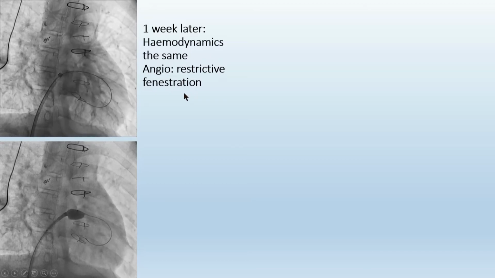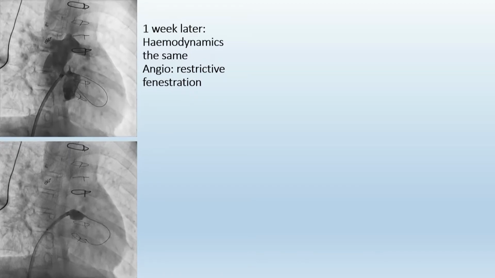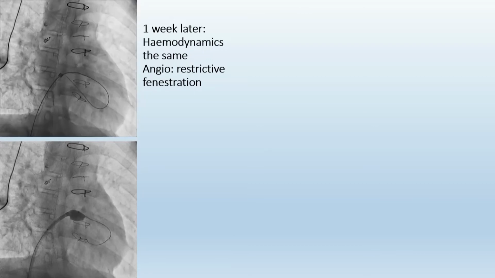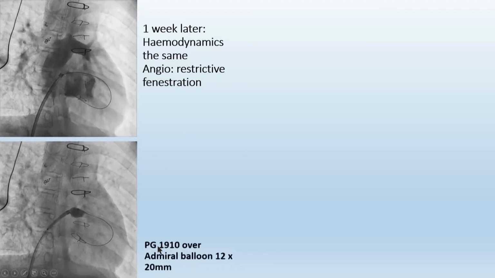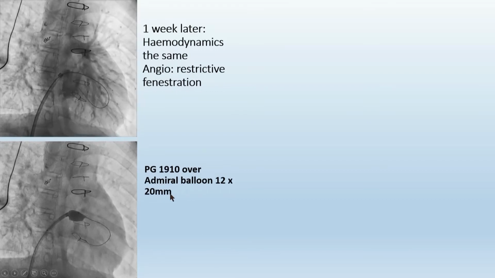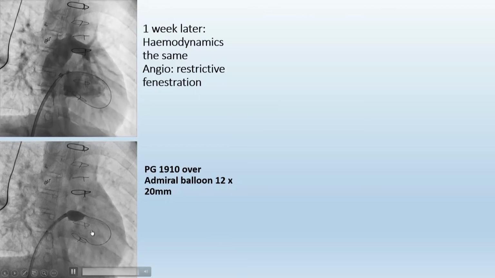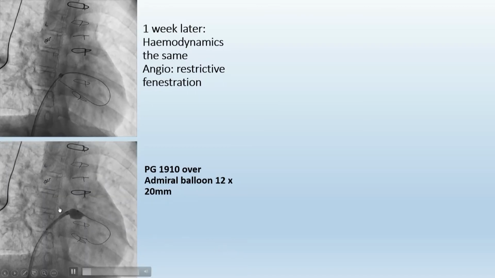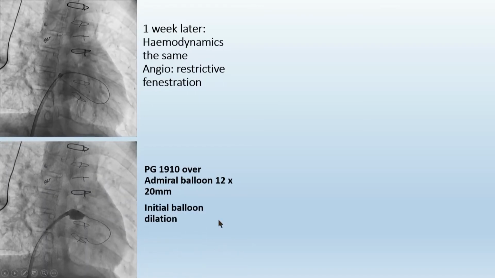But this time, you have your senior colleague on your side, and you know that you have hemodynamics probably the same, and then the angio showed a restrictive fenestration. And then again, limited stent options that we have, use a 1910 over an Admiral 12 mm balloon. So this is what was highlighted before.